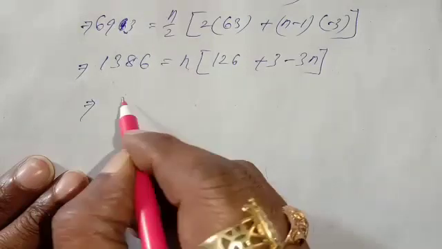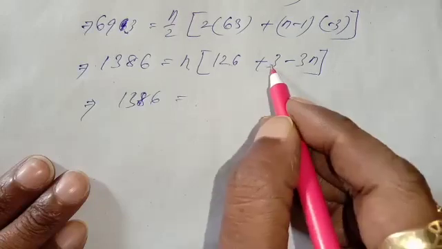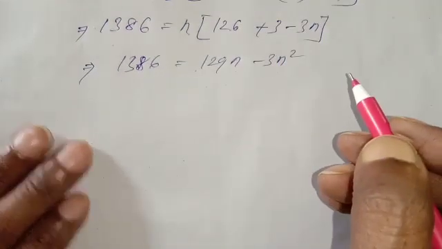If you multiply, 1386 is equal to 126 plus 3, that is 129n, minus 3n square.